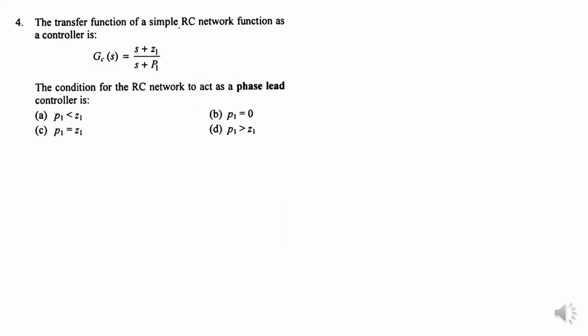Next problem, the transfer function of a simple RC network functioning as a controller is Gc(s) = (s plus z1) by (s plus p1). The condition for the RC network to act as a phase lead controller is. Normally, for a phase lag compensator, pole first, zero next.